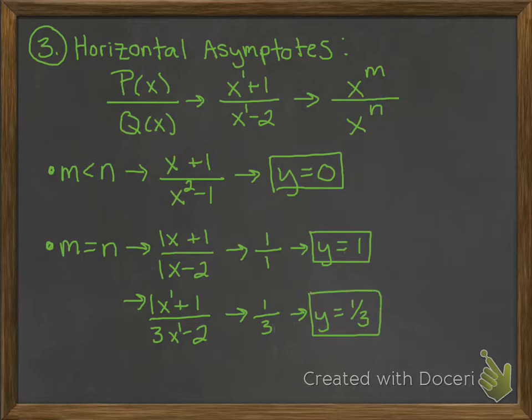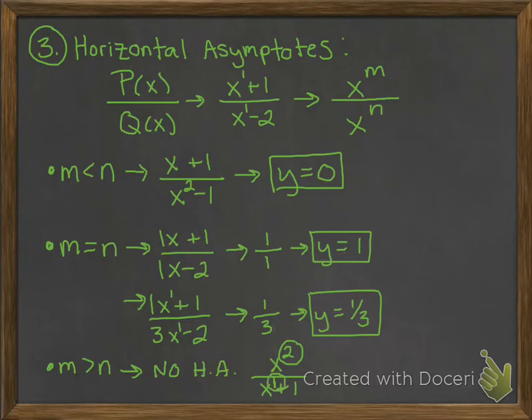Okay? Now the last situation is if m is greater than n. The case with this is that there are no horizontal asymptotes. So if I have, let's say, x squared over x plus 1, notice that this exponent is larger than the 1 exponent down here.